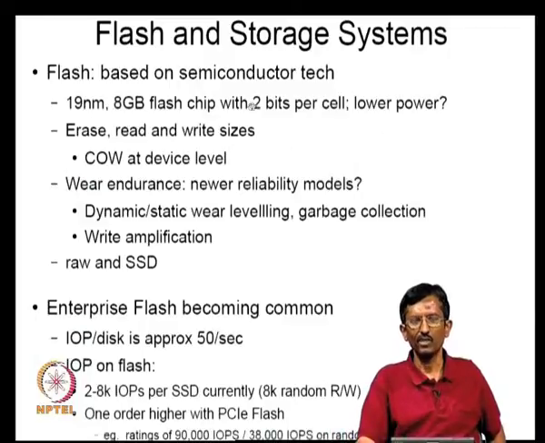People are able to make 19 nanometer 8 GB flash chips, and there are various types of flash designs, called single level cell and multiple level cells, MLC. Single level cells are of course more reliable because there are only 2 levels, 0 and 1.